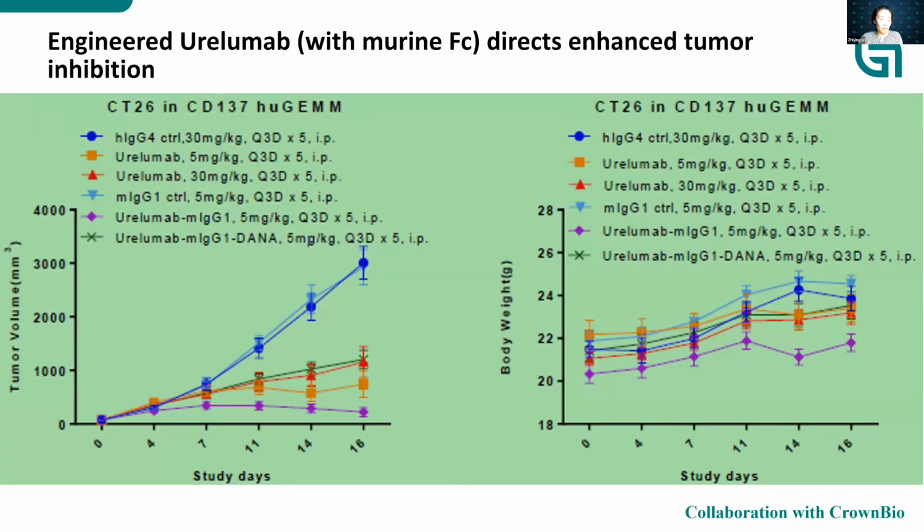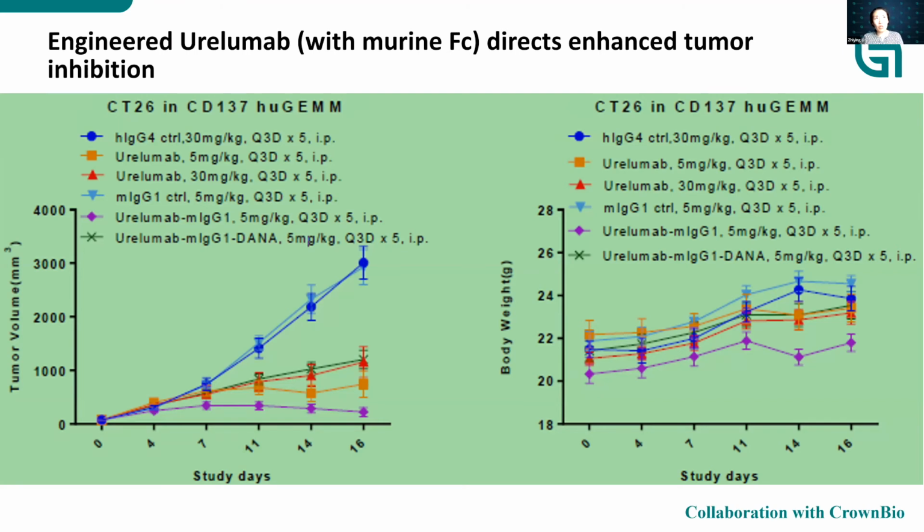So here is a set of experiments that we did in collaboration with Crown Bio. We were thinking, that's a great experiment to demonstrate how the 4-1BB antibody showed what it showed in the preclinical versus the clinical.